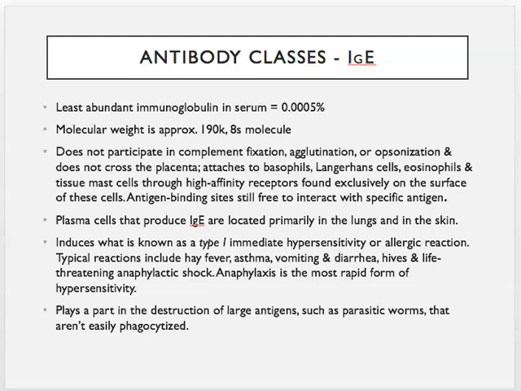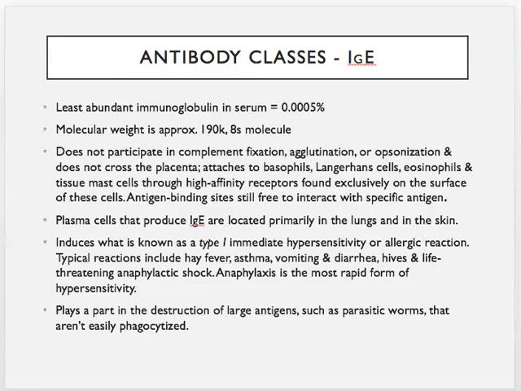Okay, IgE is the least abundant immunoglobulin, even less than IgD in serum. It only makes up about 0.0005%. Molecular weight 190,000. It's an 8S molecule. It does not participate in complement fixation, agglutination, or opsonization. It doesn't cross the placenta.